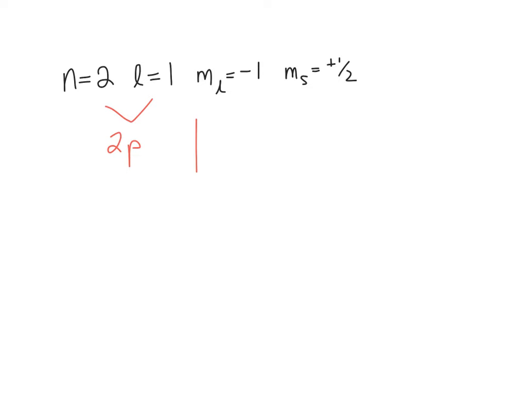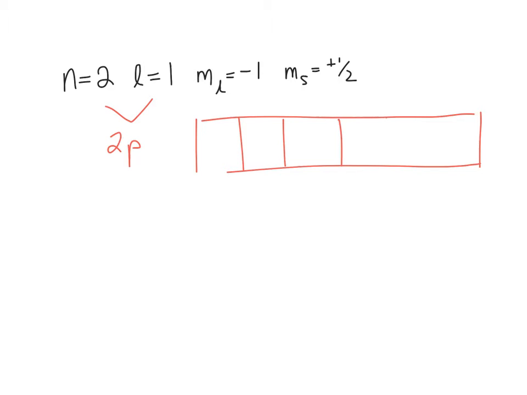And don't forget, I said you've got 6. I had to think about this one. That's -1, that's 0, that's +1. That would be -1, 0, and +1.